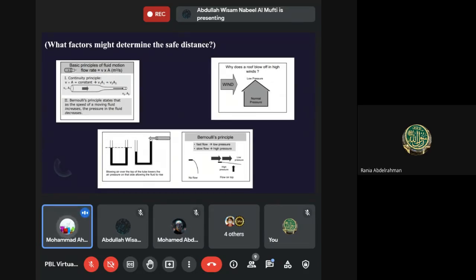This is how you determine a safe distance, and how fluid moves fast or slow and flows, as in the Bernoulli principle, and how it blows over the air in the last picture, and how it rises. That's all used to determine safe distance. You can go to the next slide, Abdullah.